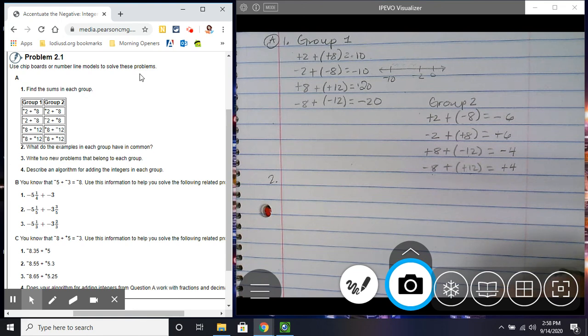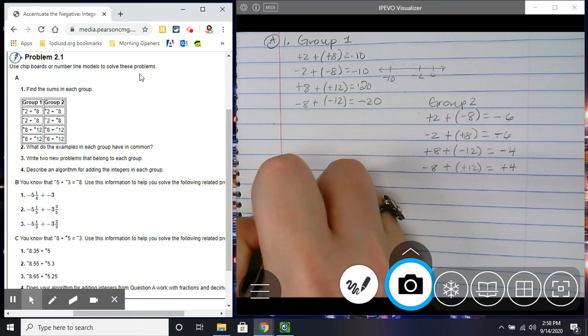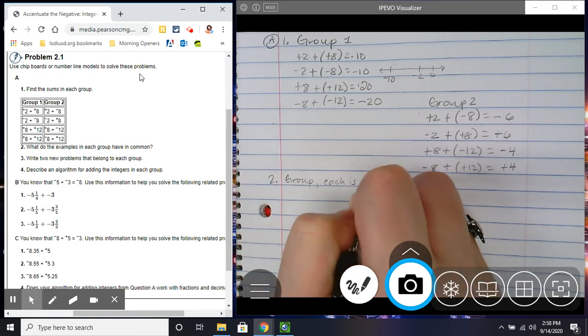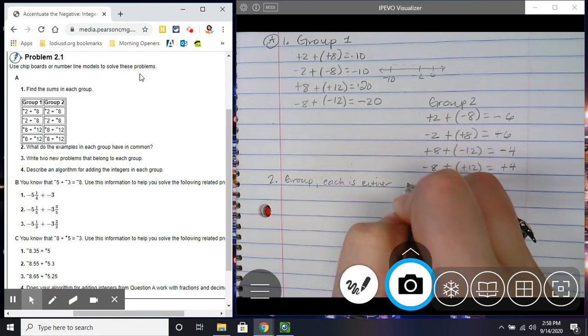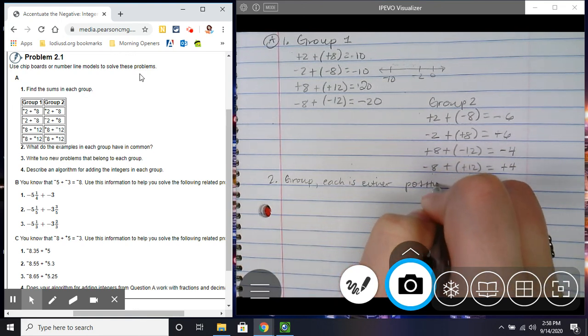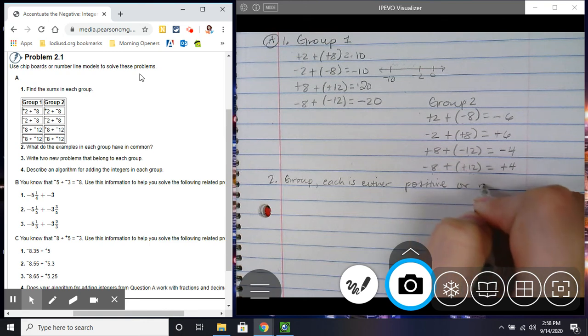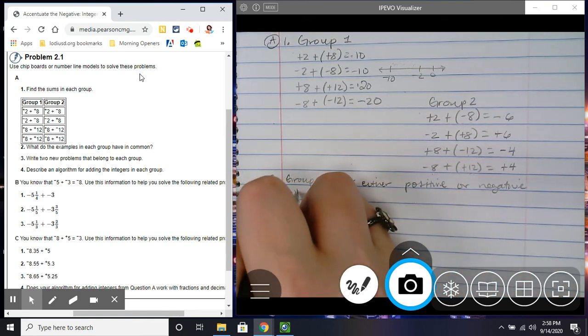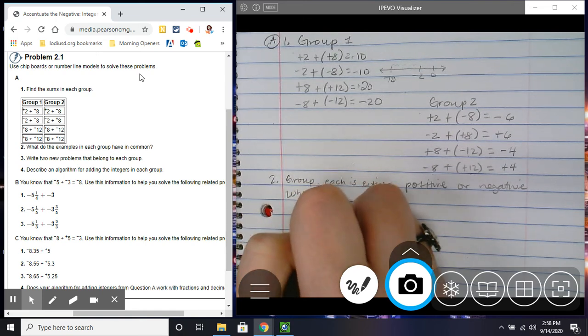Number 2, what do the examples in each group have in common? So I'd say in group 1, each is either positive or negative when combining.